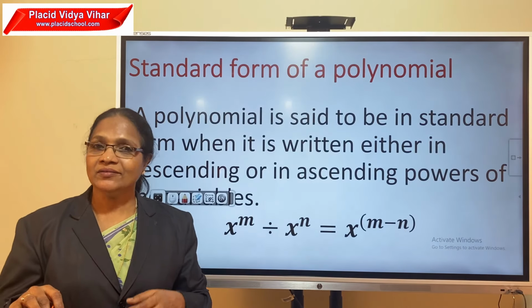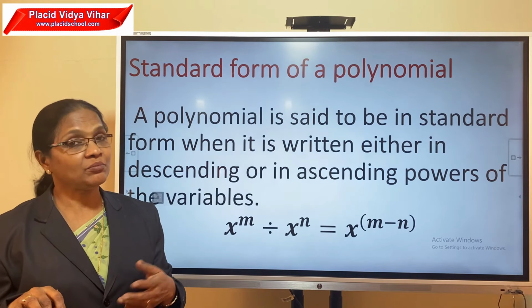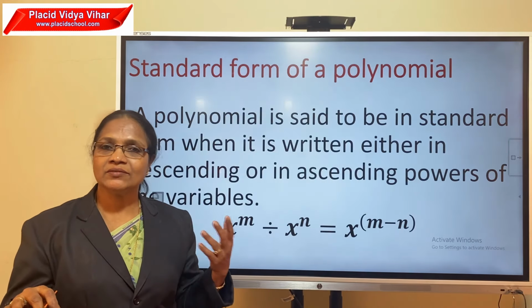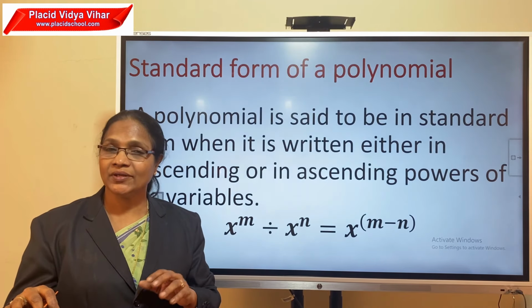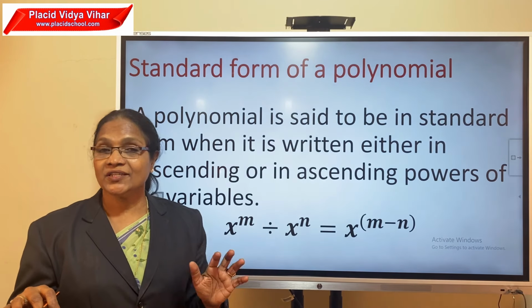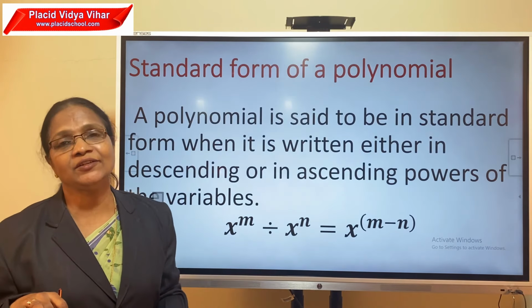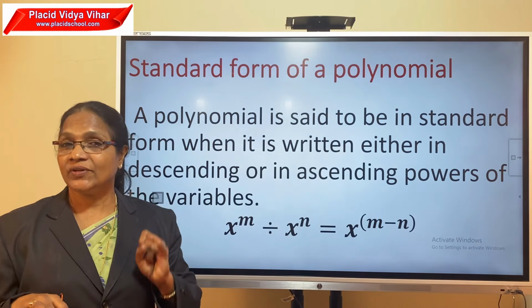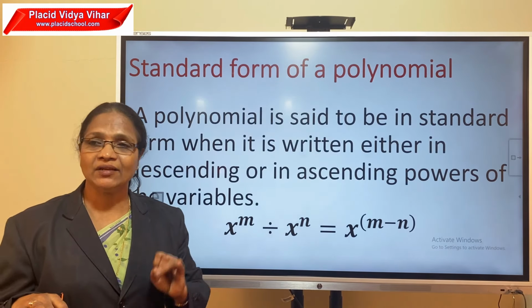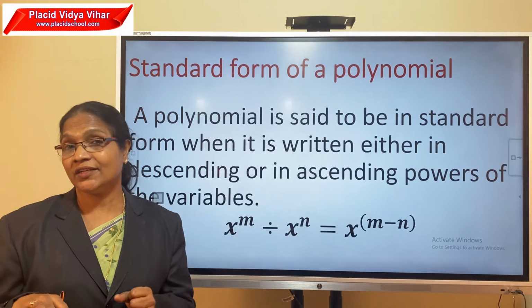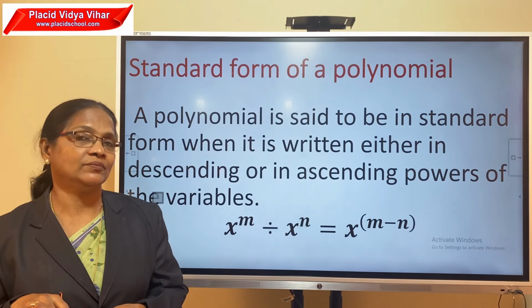Now the next point, division of a polynomial by a polynomial. To divide a polynomial using another polynomial, we have to express both dividend and divisor in the standard form. What do you mean by standard form?